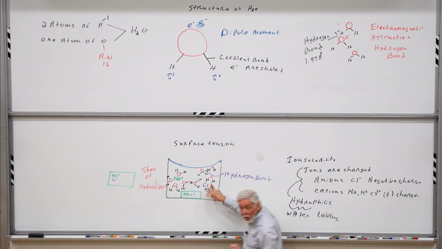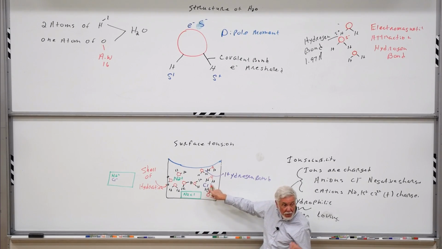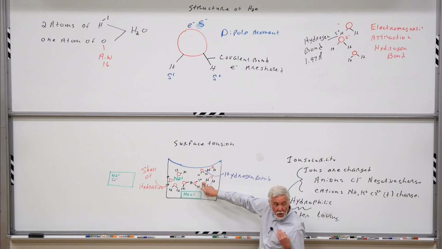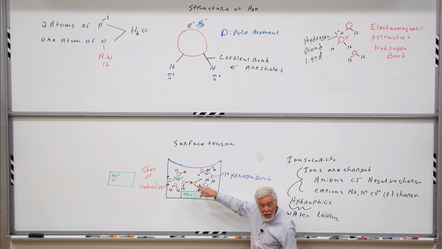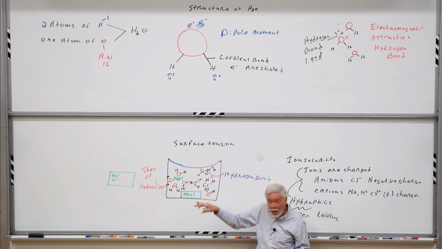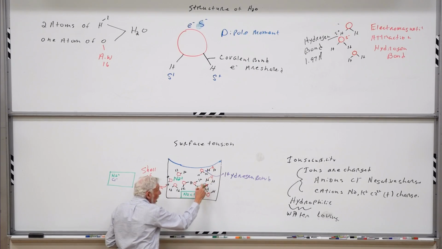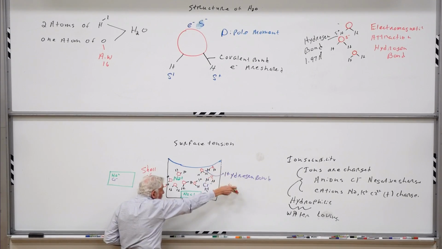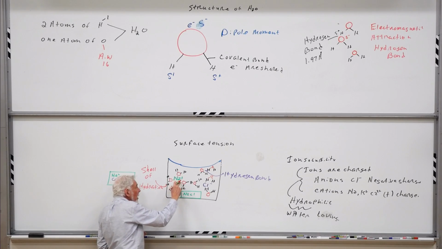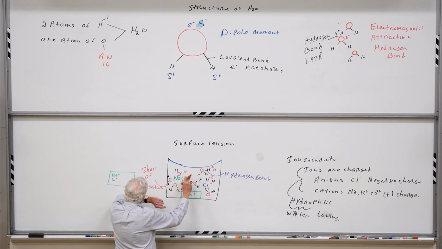And again, forming a shell of hydration, simply using the positive end of the dipole moment to interact with the negative chloride and forming the same kind of shell of hydration, simply with the hydrogen facing the chloride and the oxygen away, as opposed to the sodium ion, where the oxygen is pointing in and the hydrogens are pointing away.